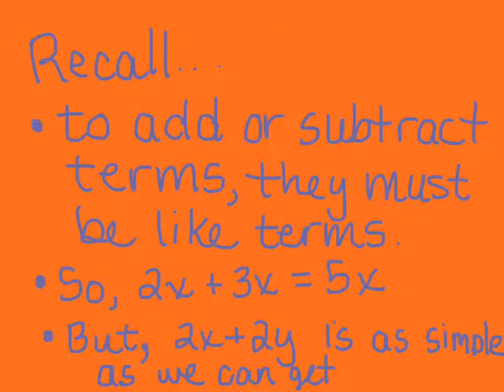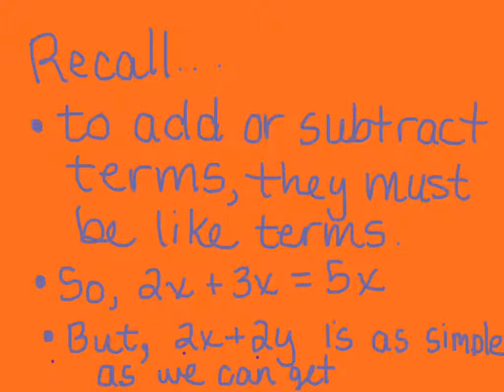So you might recall from earlier lessons when we simplified algebraic expressions that to add or subtract algebraic terms you must have like terms. So in other words, 2x plus 3x equals 5x, but 2x plus 2y is as simple as we can get, because 2x and 2y are not like terms, therefore we cannot add them, and we must leave the expression as it stands, 2x plus 2y.